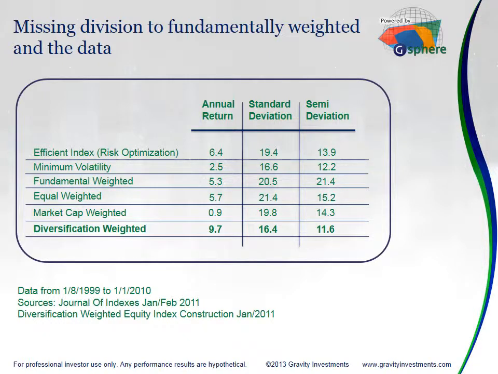You can see from an annual return perspective, diversification weighting those assets, and investing in all 500 of those assets, not cherry picking somehow, but investing in all 500 of those assets based on a 100% rules based systematic approach, yielded 3.3% better than the next nearest indices, and 8.9% better than the actual S&P 500 for the same time period.